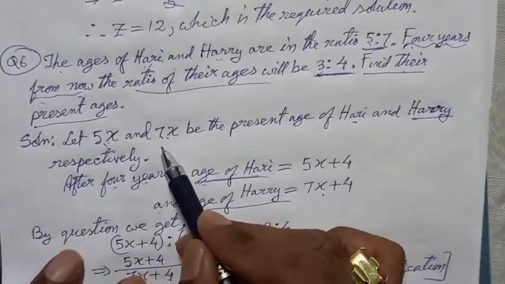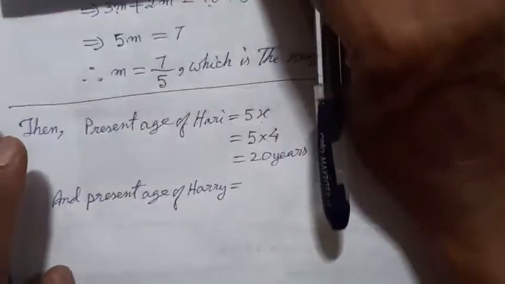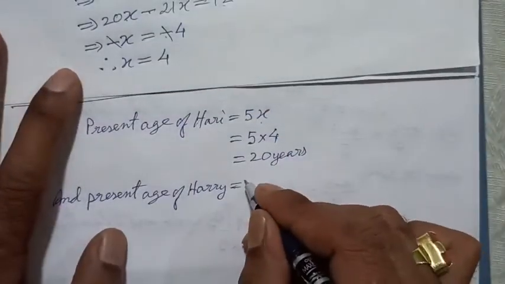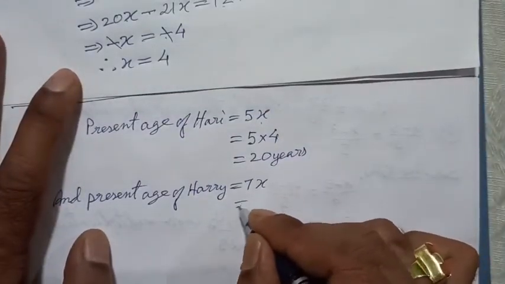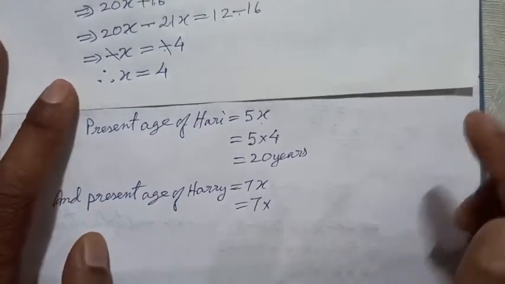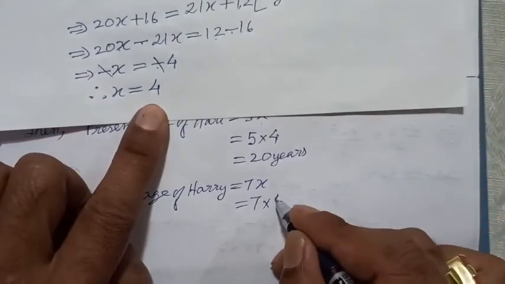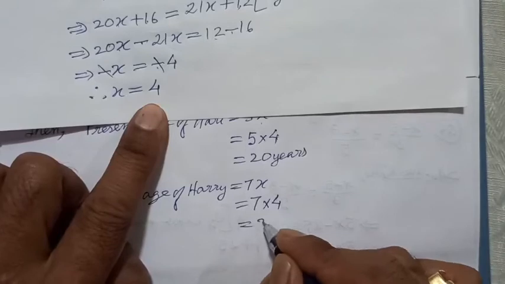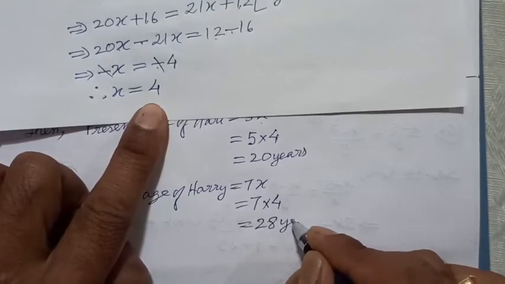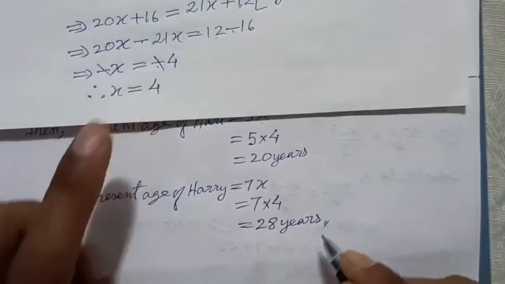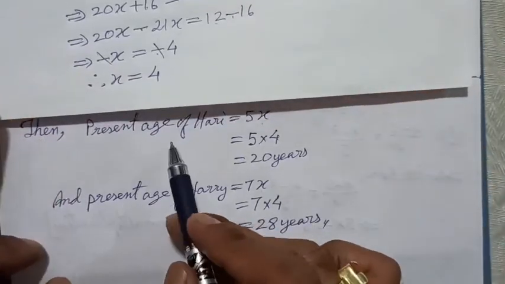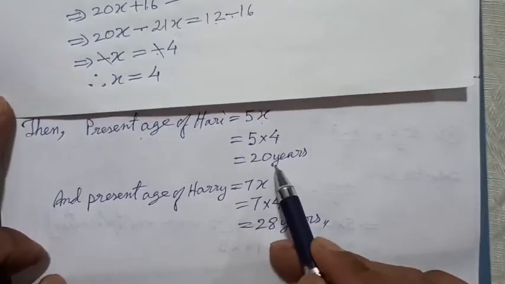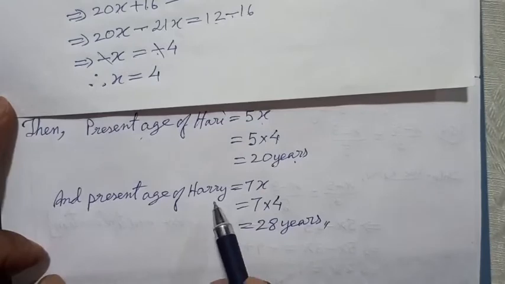Here, 7x. 7x is equal to 7 into x is 4. So keep 4. 7 4 times is 28. 28 years. So here it is over. Present age of Harry is 20 years and present age of Harry is 28 years.